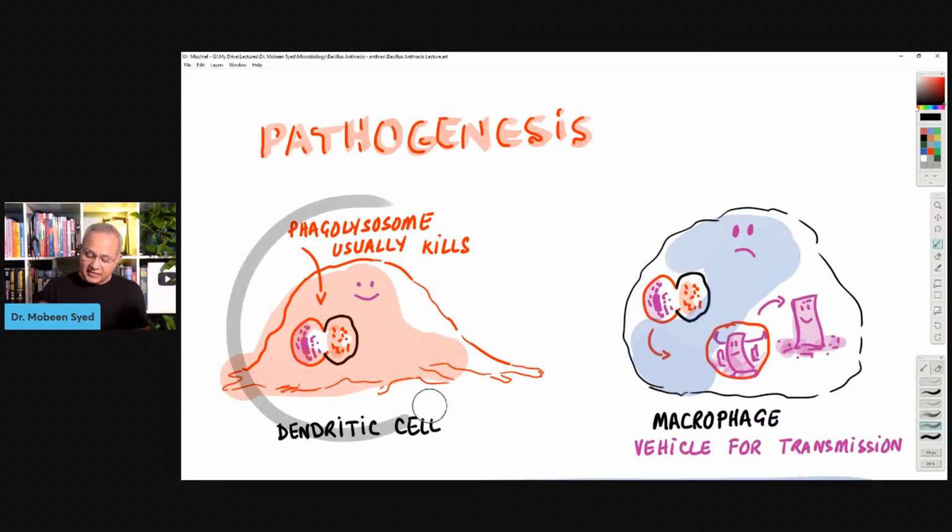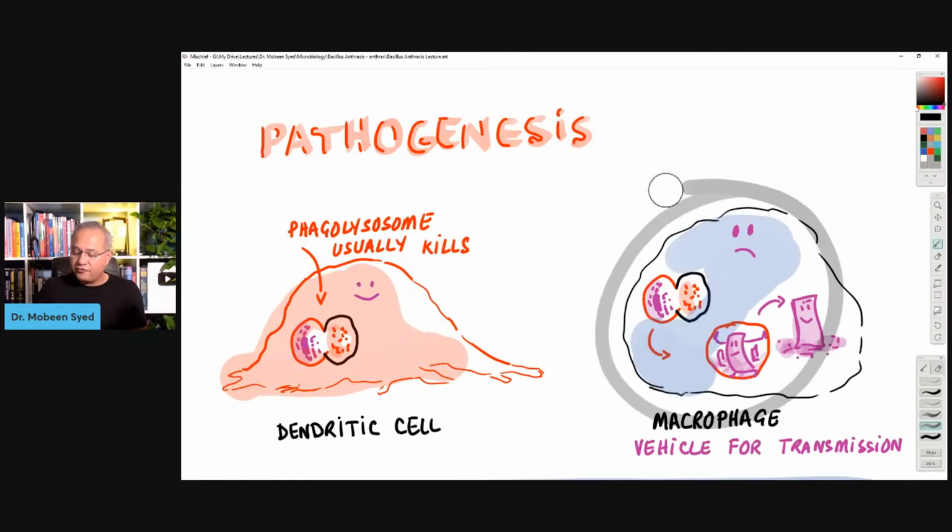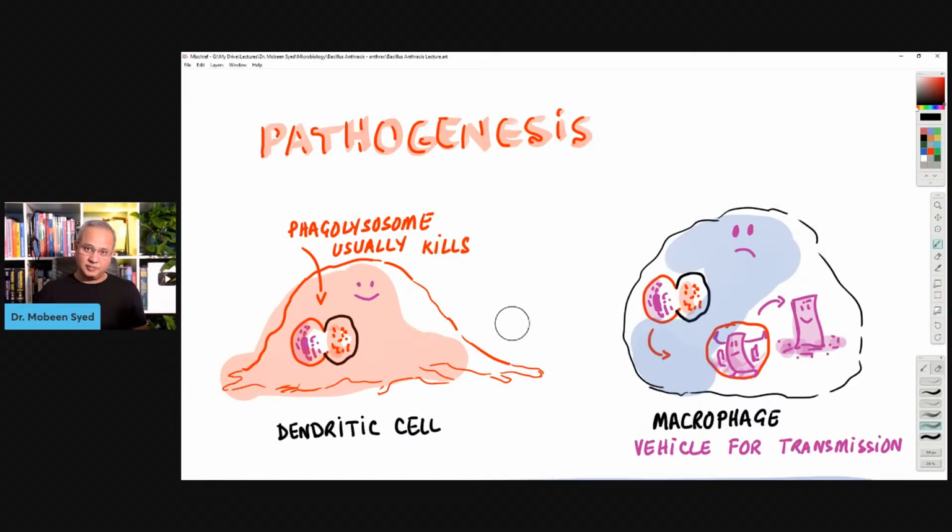Now, dendritic cells, when they eat Bacillus anthracis, can very successfully do this function. However, when macrophages pick it up, remember macrophages have two problems. One, the pathogen has proteinaceous material on it.